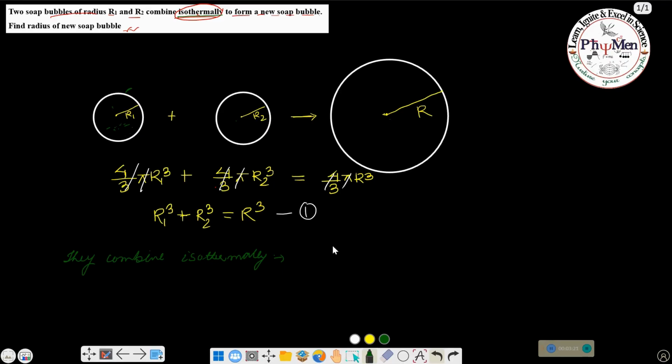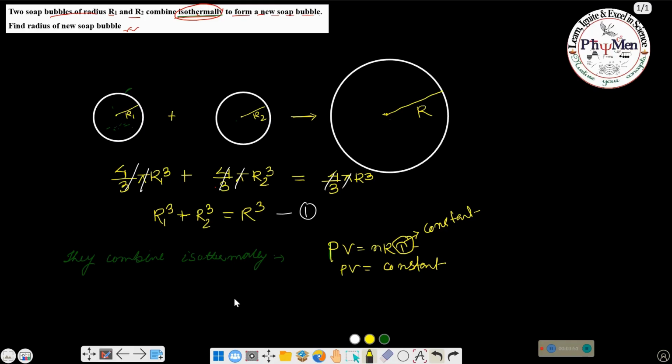So for the isothermal condition, we can have PV = nRT. For isothermal, temperature remains constant, so PV equals constant.